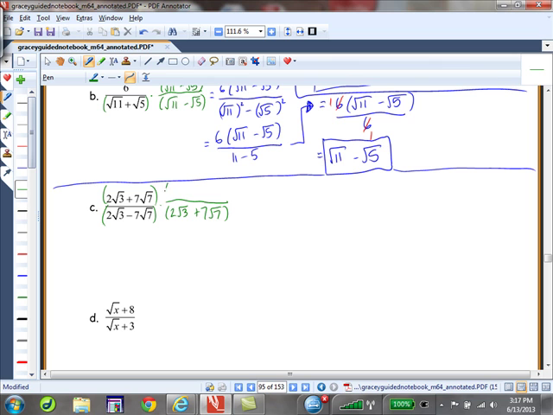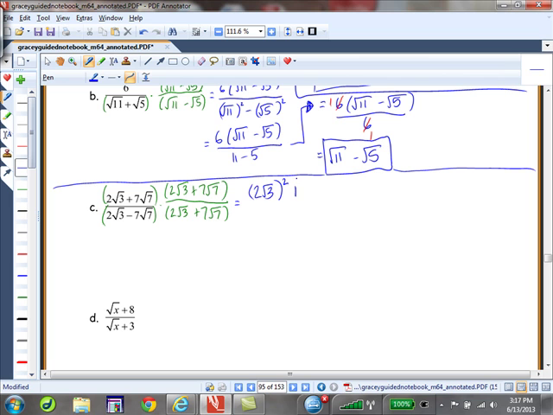So 2 root 3 plus 7 root 7. So notice that this is going to be a binomial being squared in the numerator, and there will be a difference of squares in the denominator. So 2 root 3 squared.